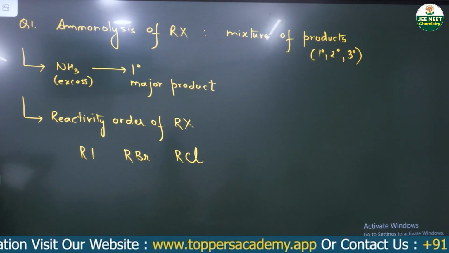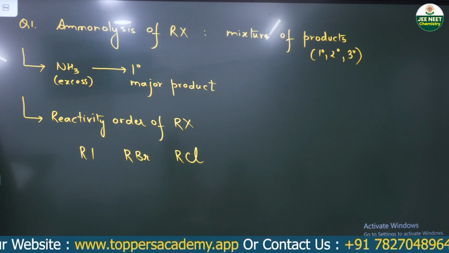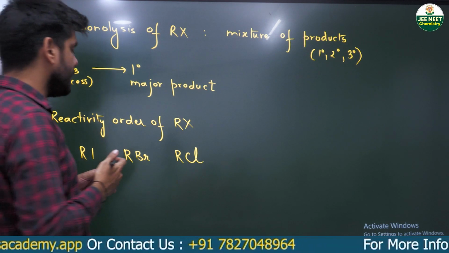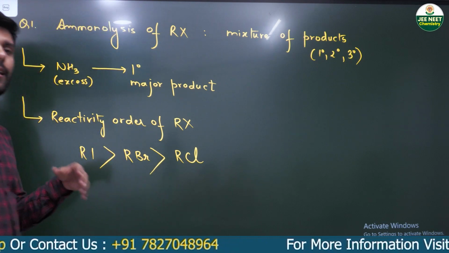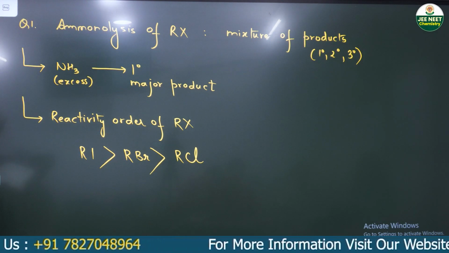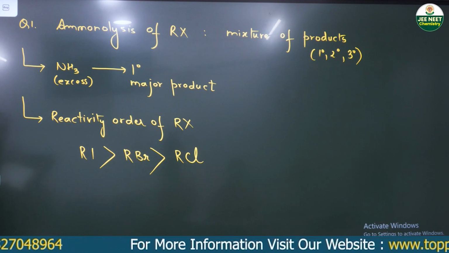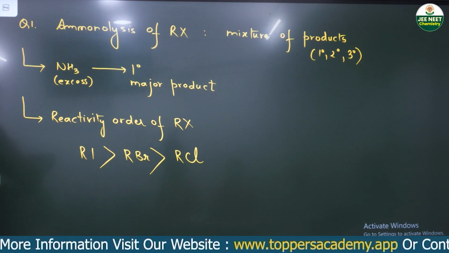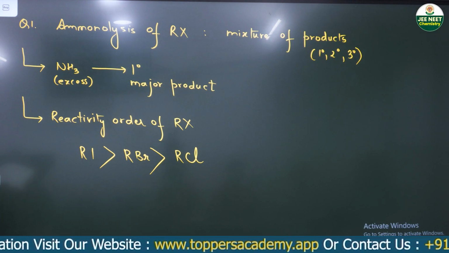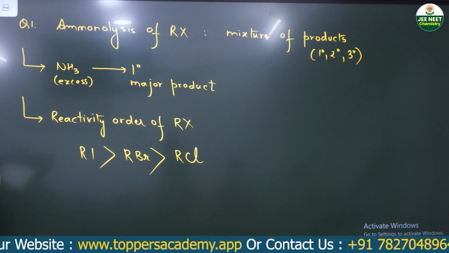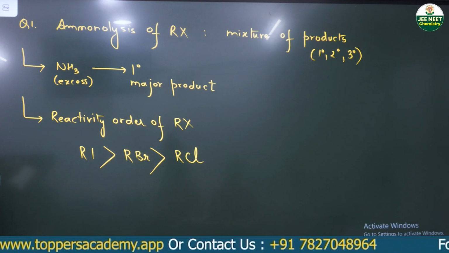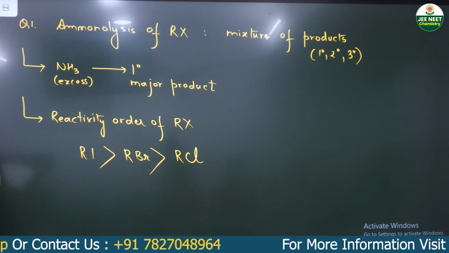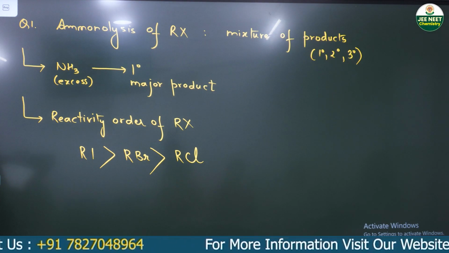RI, because we require the splitting of the RX bond, so weaken the bond, and you also know that I negative is a better leaving group. So the reactivity of RI is more than RBr is more than RCl. Is that clear to everyone?